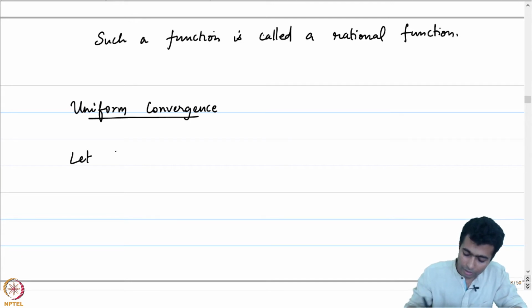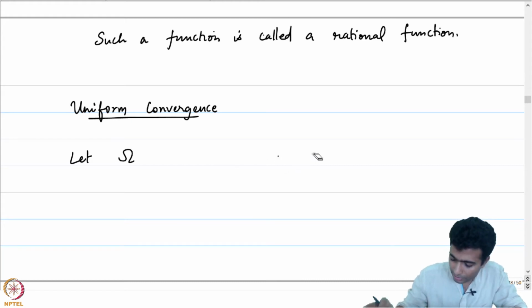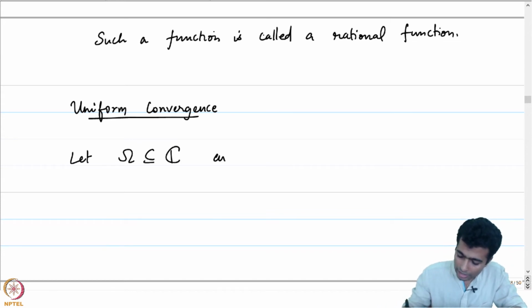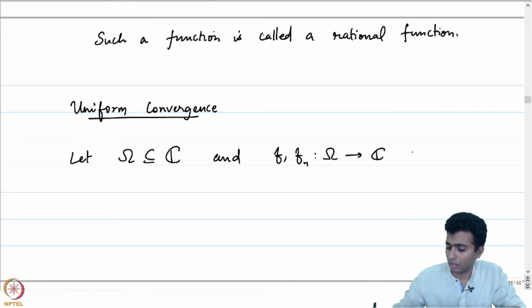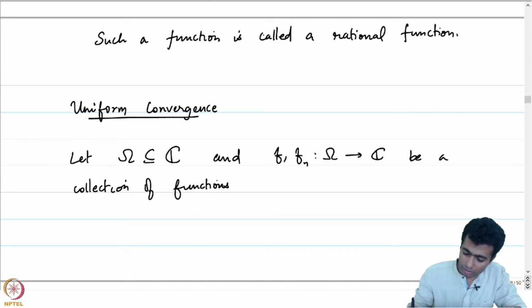Let omega be any subset of C, and let fn from omega into C be a collection of functions defined on omega.